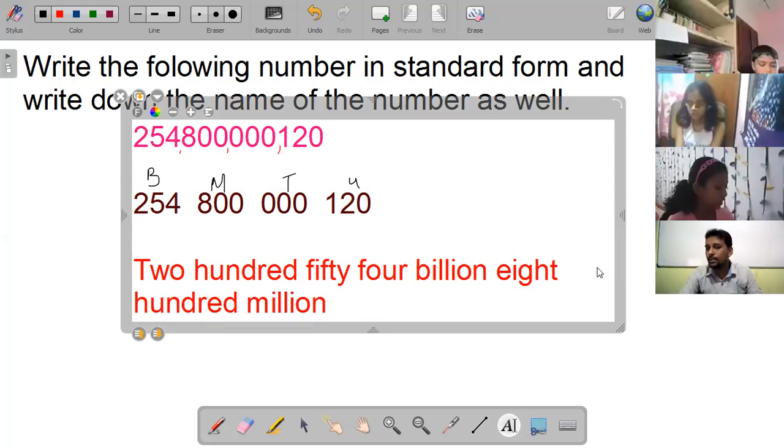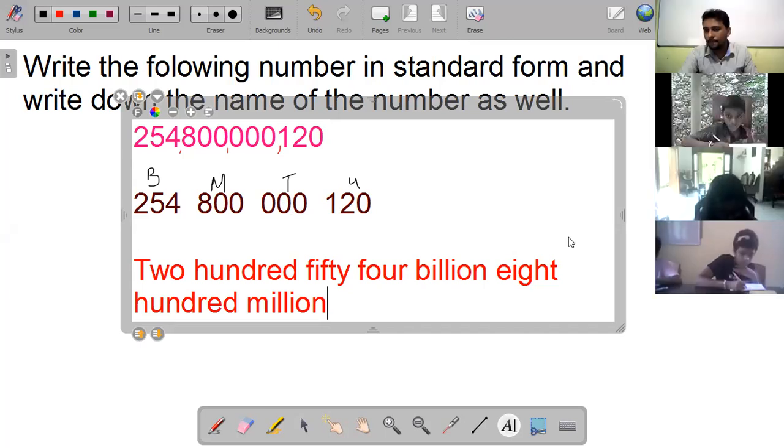Now look at the thousands period. What are the digits? 3 zeros. If the period is given 3 zeros, there is no need to write 0,000 like that. Don't write it. Not need to write down the period. But you have to write the last period, 120.